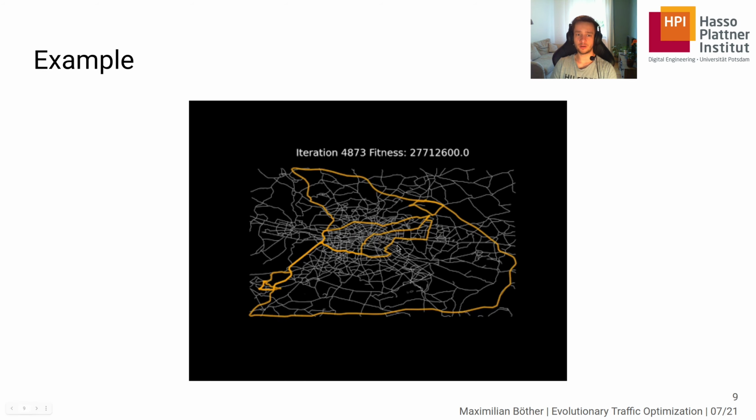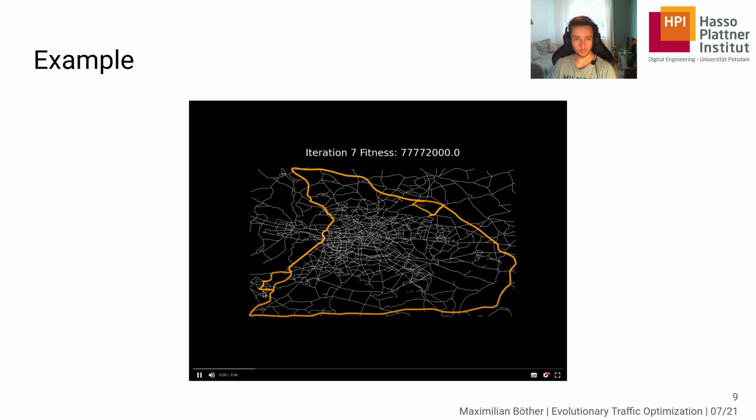So we could rather take a look at some visual intuition, and here you see how the algorithm behaves for a route from Potsdam to the outskirts of Berlin. So we want to calculate multiple routes.